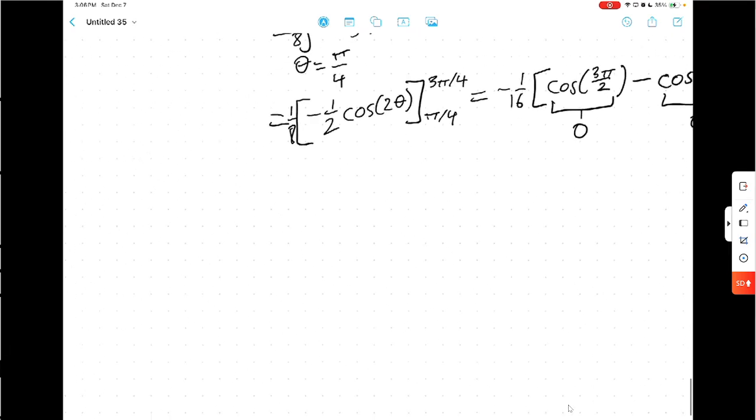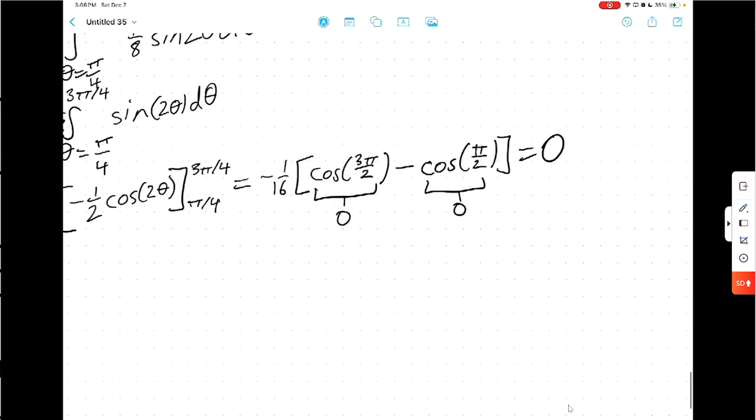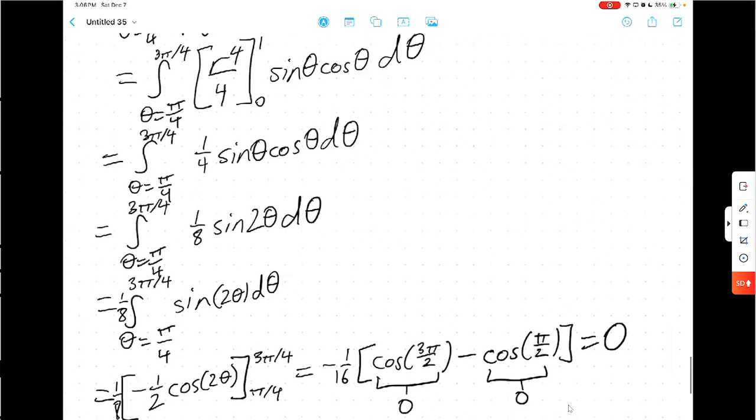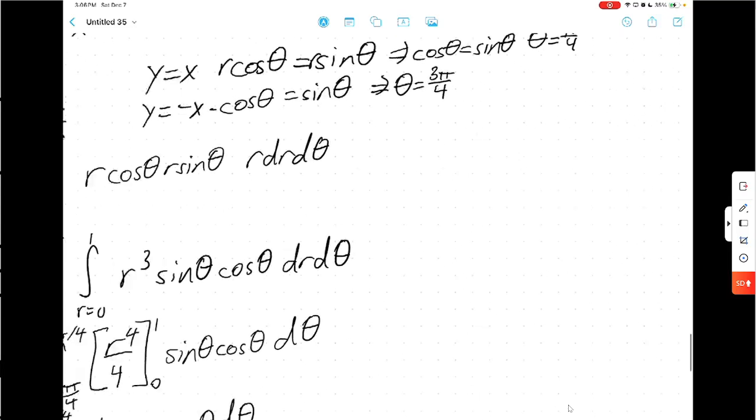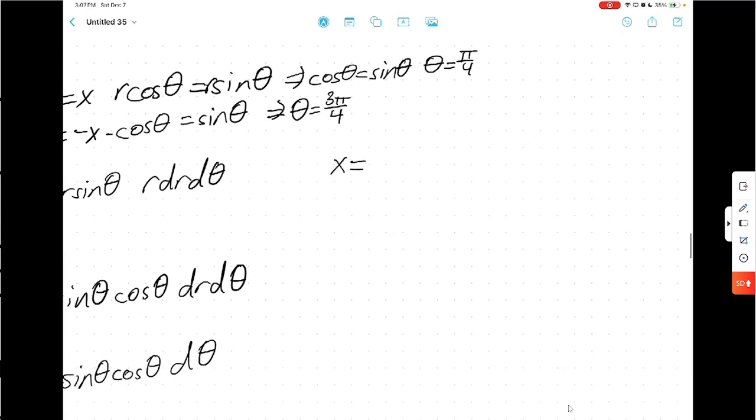Okay, moving on. Can you explain the conversion from Cartesian to polar again? Okay, so the conversion is essentially, we have three different equations. X is equal to r cosine theta, y is equal to r sine theta. And that's basically it. The other one is z equals z, but that's not important here.